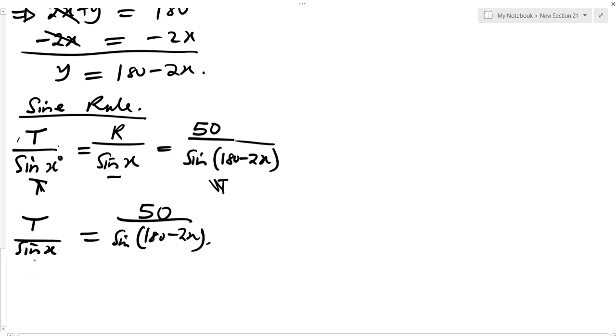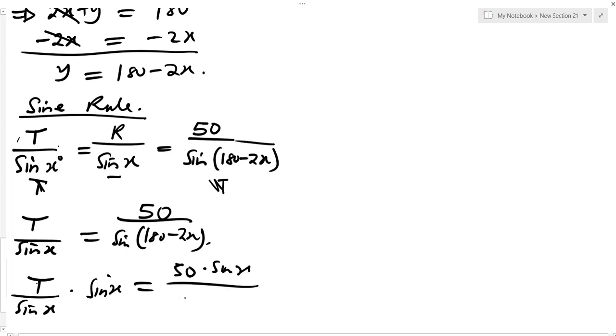So multiply all through by sine x. You have T all over sine x times sine x equal to 50 sine x all over sine 180 minus 2x.